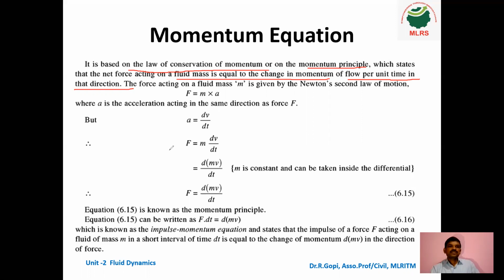Here a is the acceleration acting in the same direction as force F. What is acceleration? It is velocity divided by time, that means dv divided by dt, with respect to time. So next, substitute this a value in this equation. So F is equal to m into dv divided by dt.